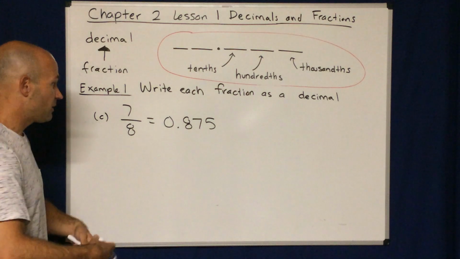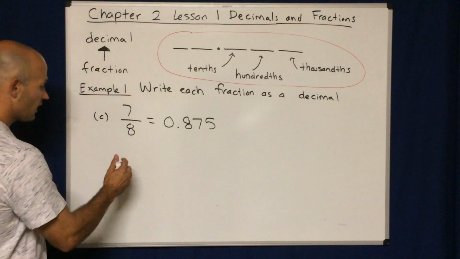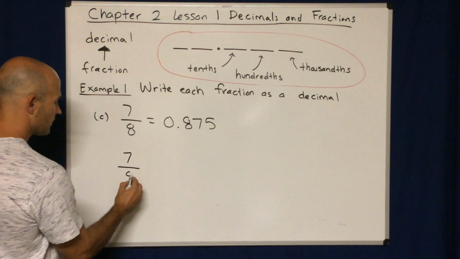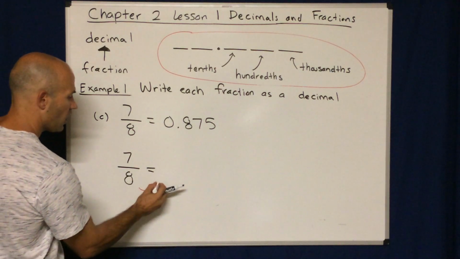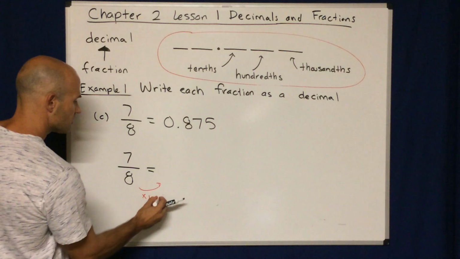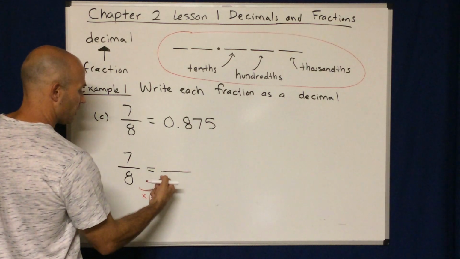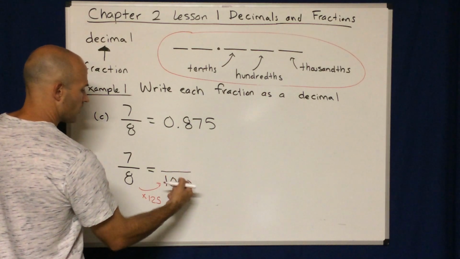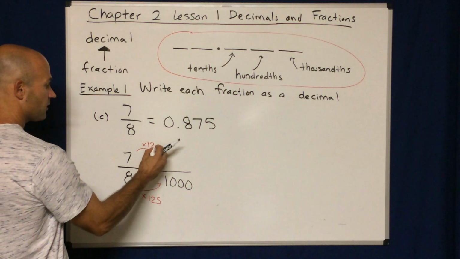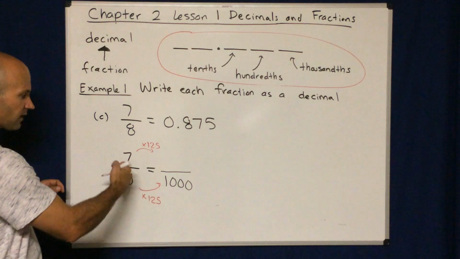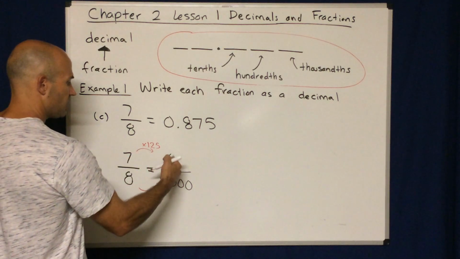So then I went to the long division. But perhaps you're a little bit better with multiplication tables, and you know that if you take 8 and multiply it by 125, that will give you a denominator of 1,000. So if you multiply our denominator by 125, we do the same to the numerator. And you could work it out off to the side. 7 times 125 does turn out to be 875.